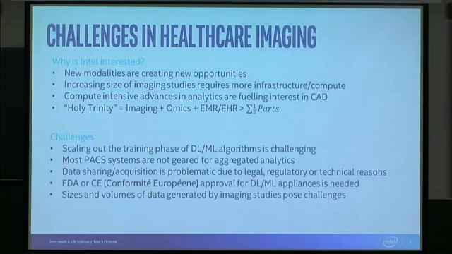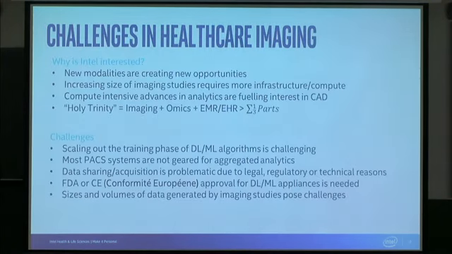We can also mention the so-called Holy Trinity: imaging, omics, and electronic health records are not just three parts summed up, but a bigger picture and a bigger entity itself, which constitutes most of the imaging being produced nowadays.